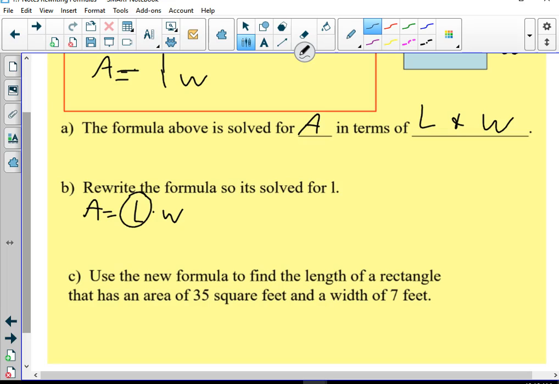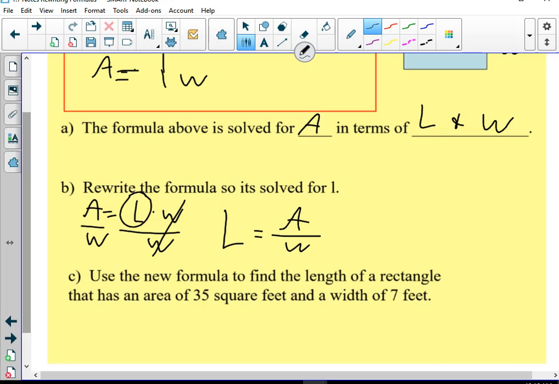W. How is it attached? Multiplication. How do we undo multiplication? Divide. So now, length is equal to the area of a rectangle divided by its width. It's the same formula, it's just solved for L.